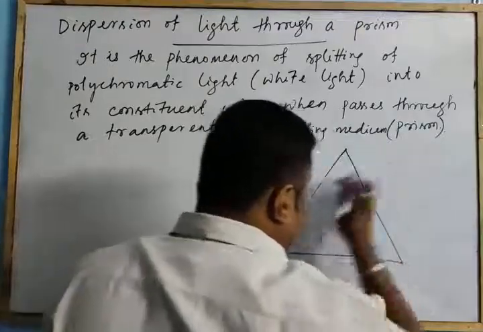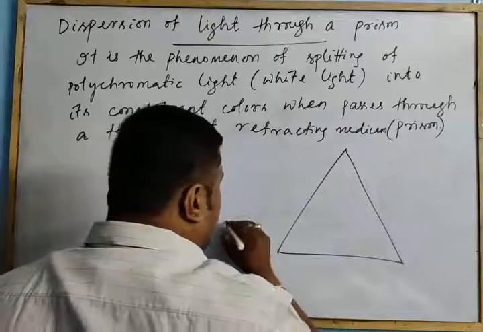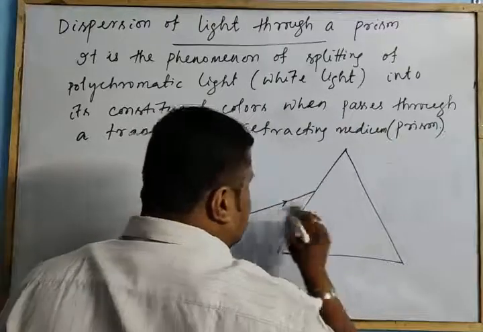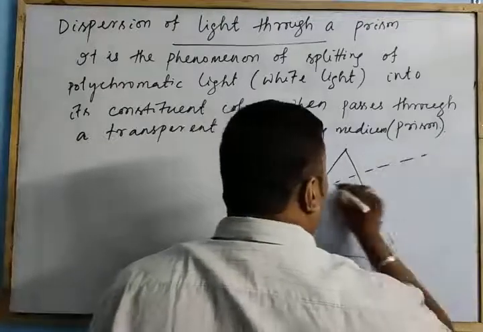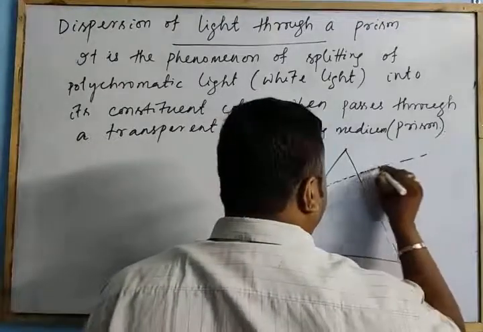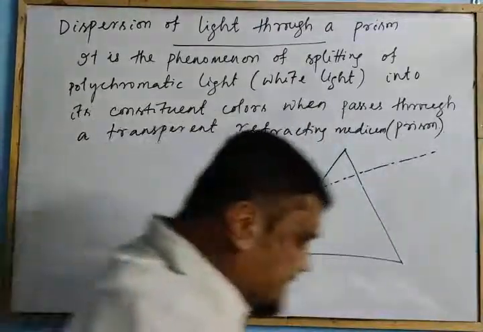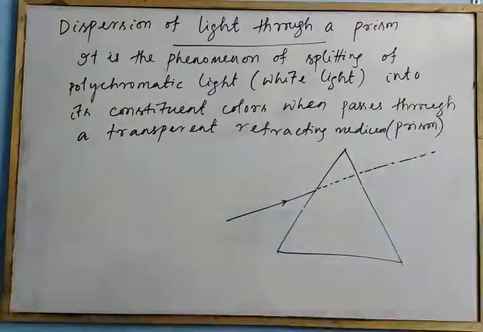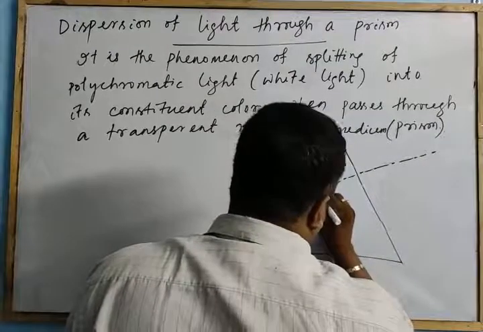There are the 2 refracting surfaces, this and this, and let a white light pass like this. If there is no dispersion, it will go along this path without any deviation, rectilinear, no refraction. But because of the refraction, you will get the 7 colors like that.